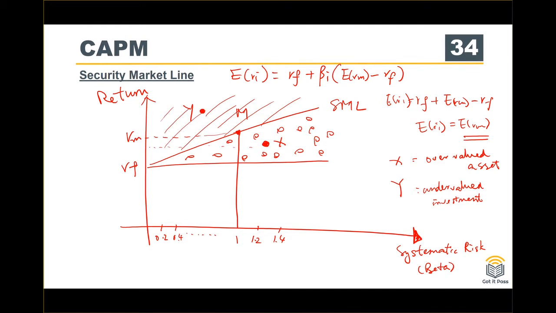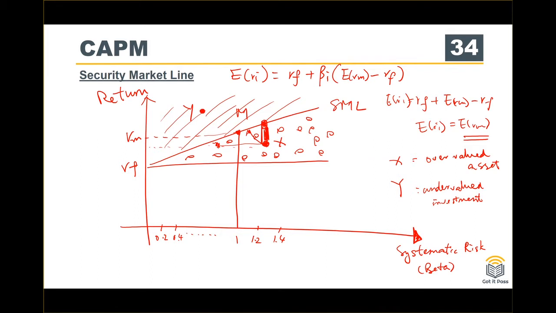So finally, for X, the price will adjust. Maybe the price drops to a level that, given the risk level, comes back to this return.